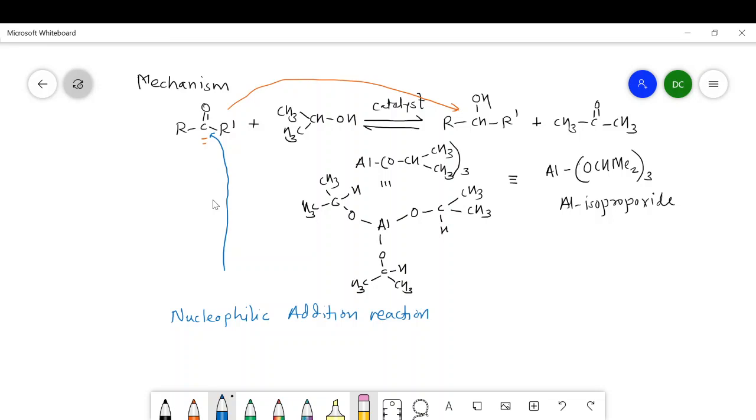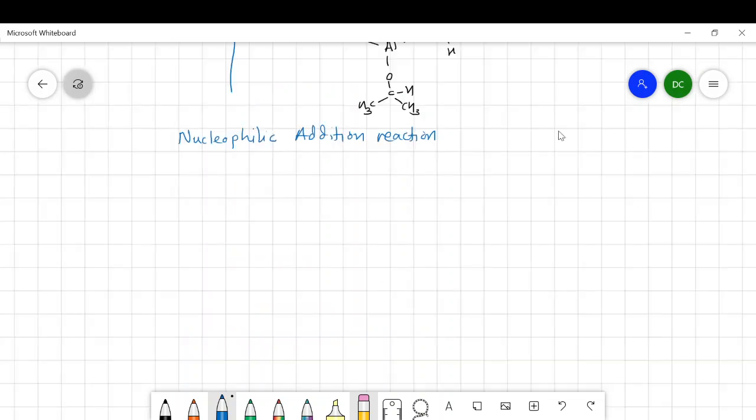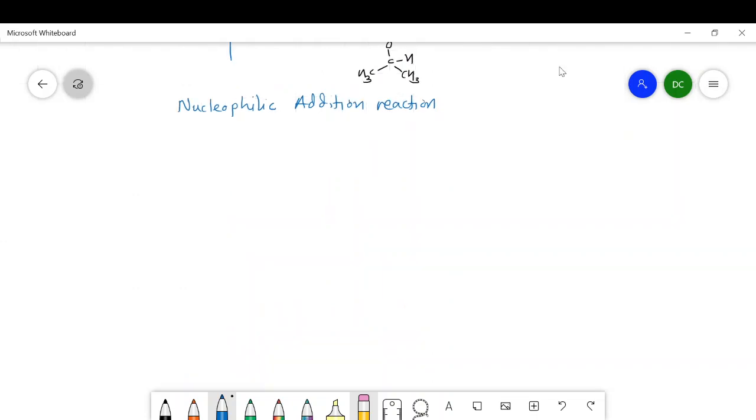So the first step of the mechanism is nucleophilic addition of hydride from the isopropoxide, that is aluminum isopropoxide, to the carbonyl compound.